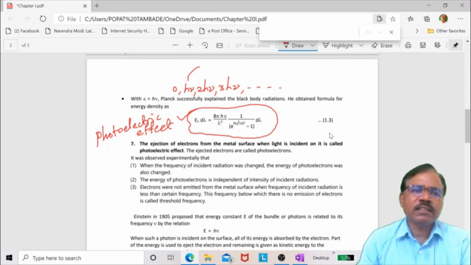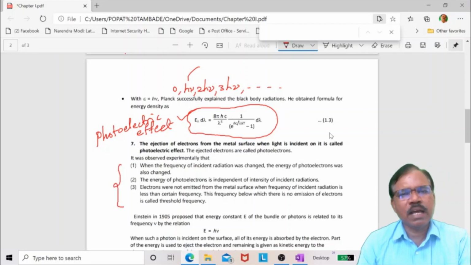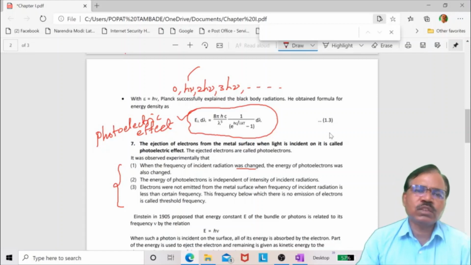Now Lenard studied this photoelectric effect experimentally, and the observed facts about the photoelectric effect are: when the frequency of incident radiation was changed, the energy of photoelectrons was also changed.